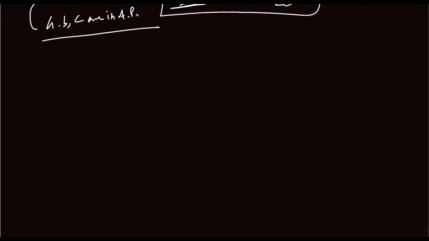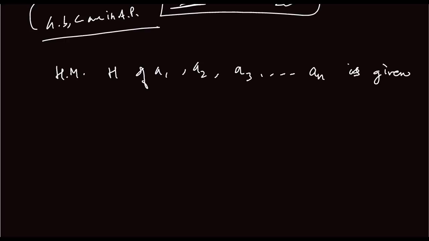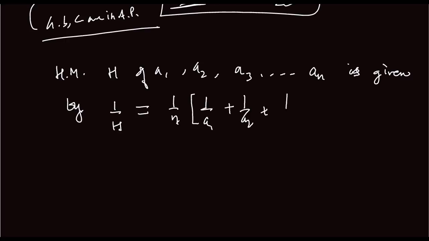So let's discuss that. The harmonic mean H of A1, A2, A3 up to AN is given by 1 by H equals 1 by N times the sum of 1 by A1, plus 1 by A2, plus 1 by A3, up to 1 by AN.